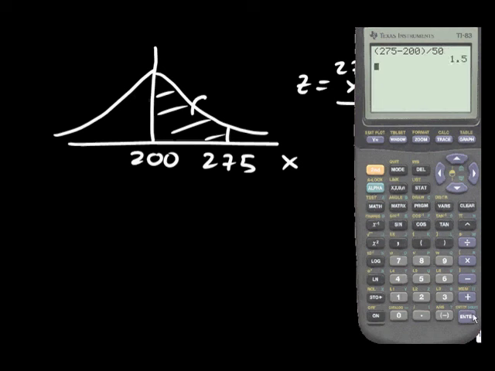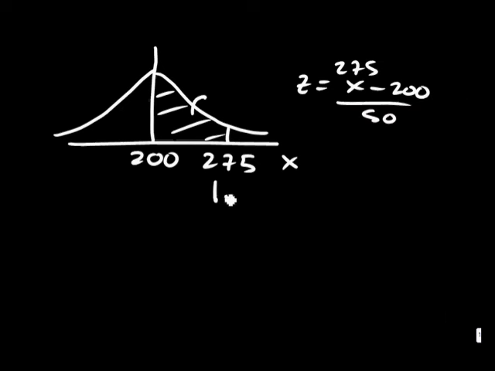We get z is 1.5. 200, which is the mean, is always 0. So we're going to need to look at our z-table to deduce the answer.